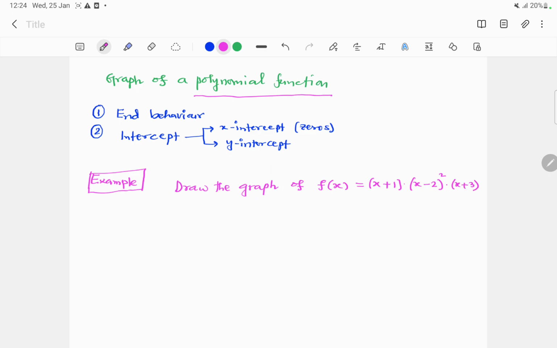One thing I forgot to tell you here: it is also important, sometimes needed, to know the possible number of turning points.